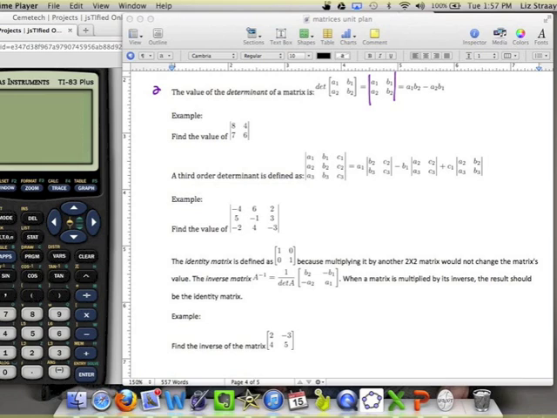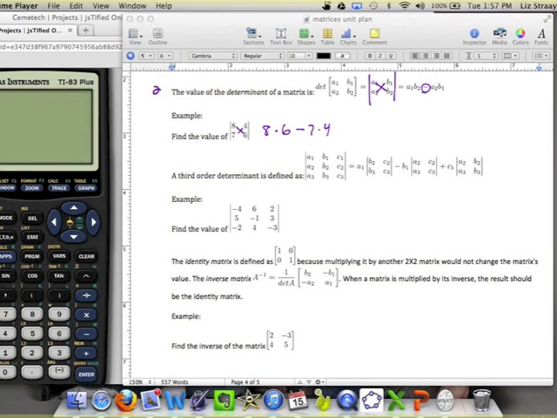And for a 2 by 2, what we do is we multiply the down diagonal and then subtract the up diagonal. Okay, so we do the down diagonal minus the up diagonal. So for this first example, I would do the down diagonal, so 8 times 6, minus the up diagonal, 7 times 4.